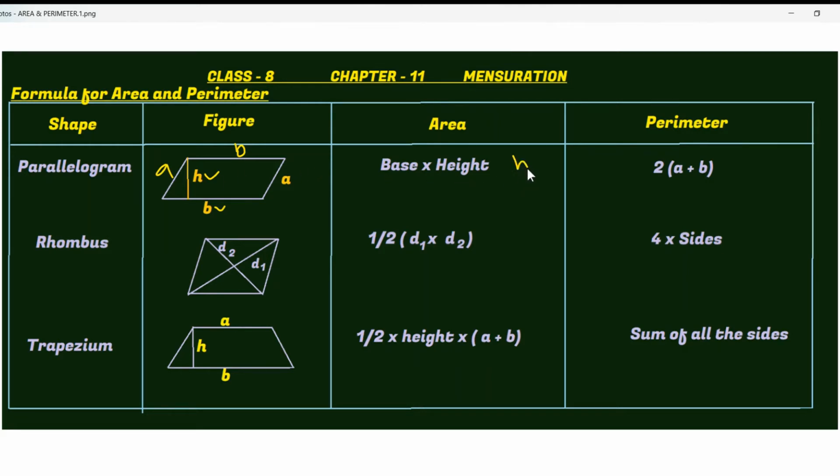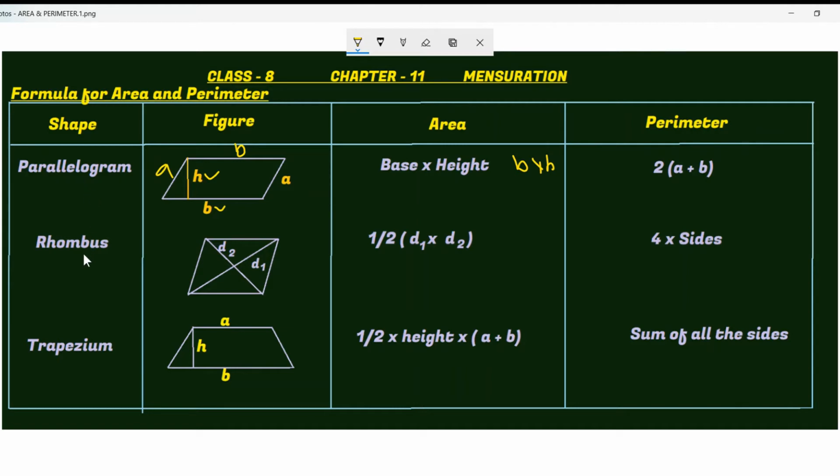That means B into H. And the perimeter is 2 into (A plus B) like rectangle, because in rectangle also opposite sides are equal to each other.